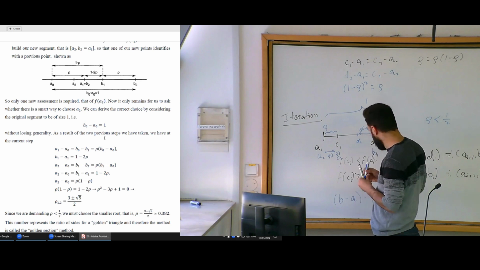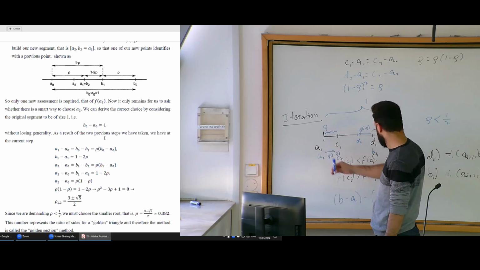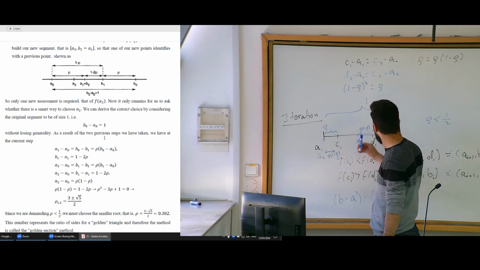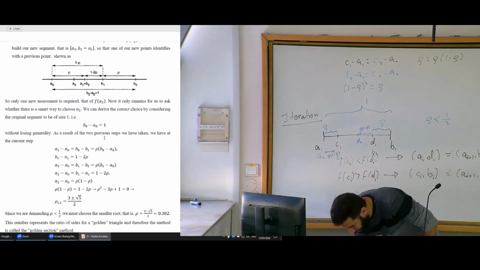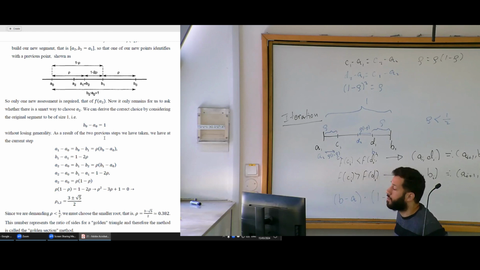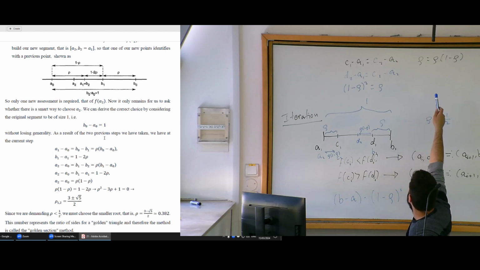But now the rho will be the golden ratio, and also this is not true. This is 1 minus 2 rho. It's good. And the equation in black, the solution to it is only 0. Also good. And the equation in black, rho equals rho times 1 minus rho, the only solution to it is 0, right?